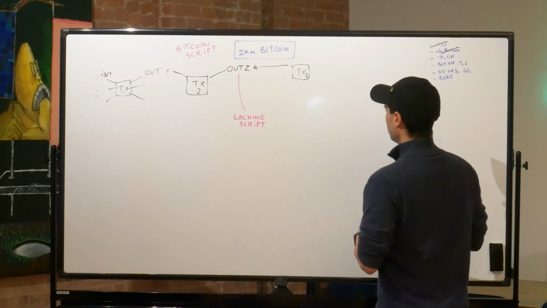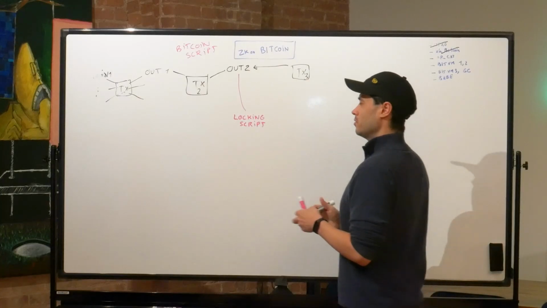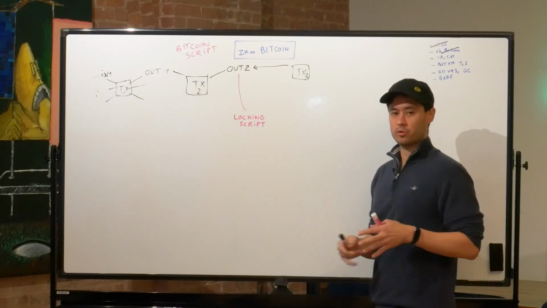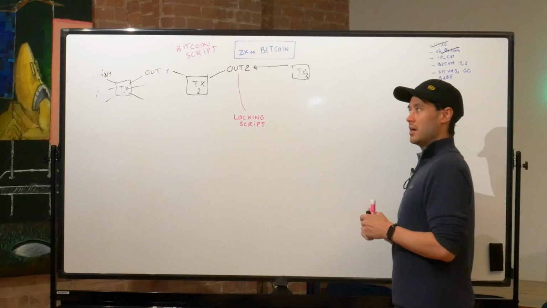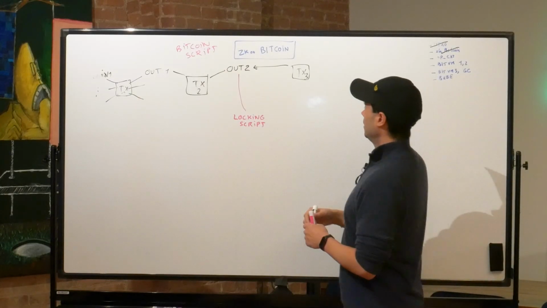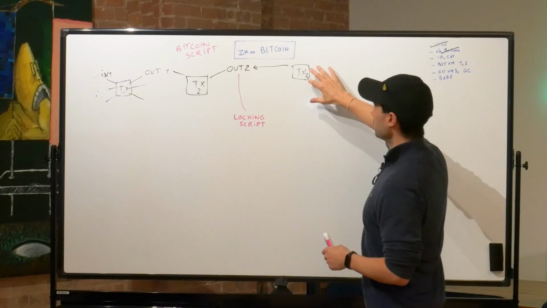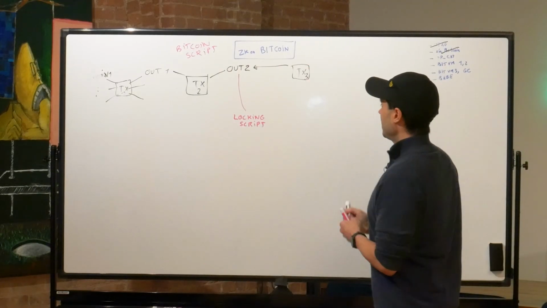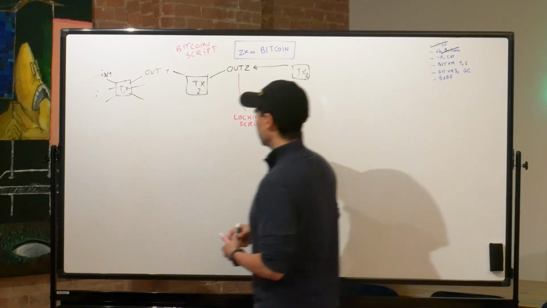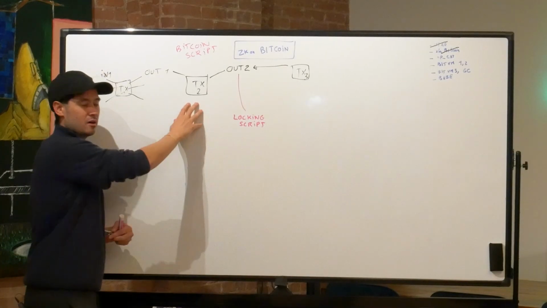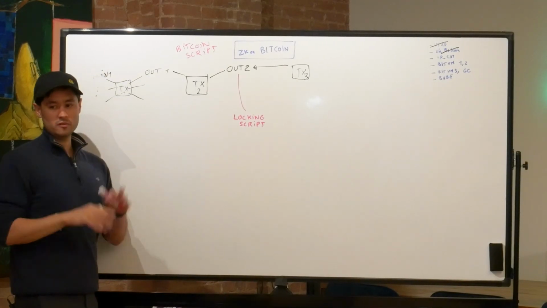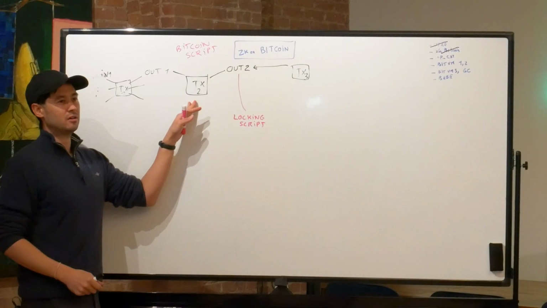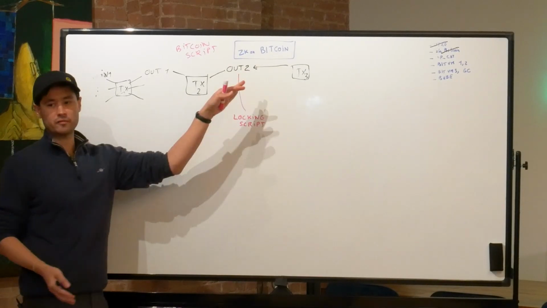So BitVM was sort of the first one, I believe, that came and was like, okay, we have something more interesting that we can do, and it's an optimistic protocol. Optimistic meaning that in this kind of protocol, I lock some funds in a transaction, let's say transaction 2, and in a very simple scenario, I say that if I can verify some proof, then I can unlock my funds.